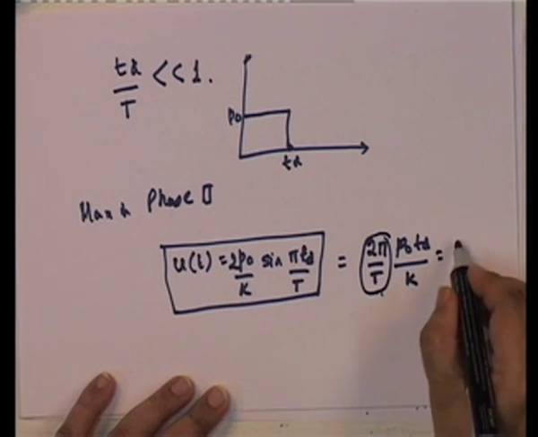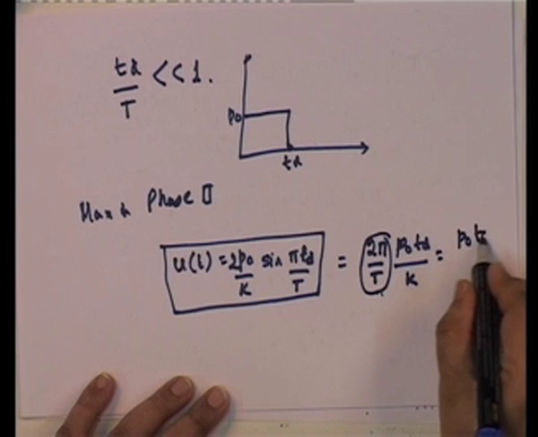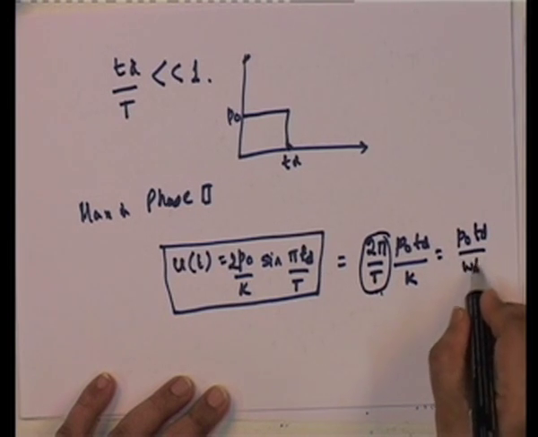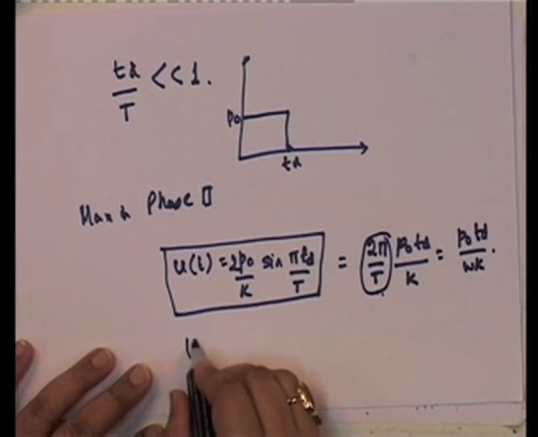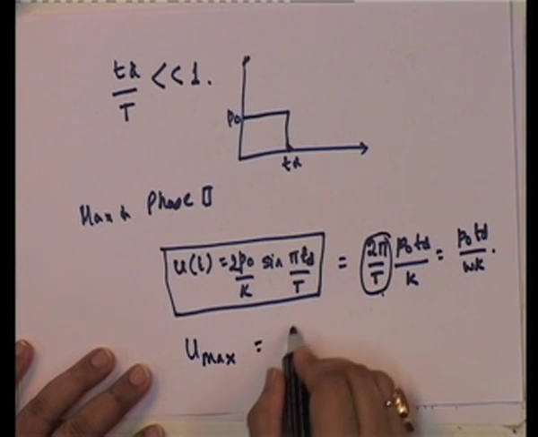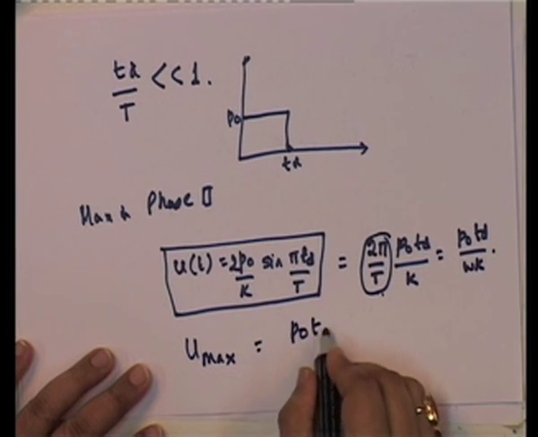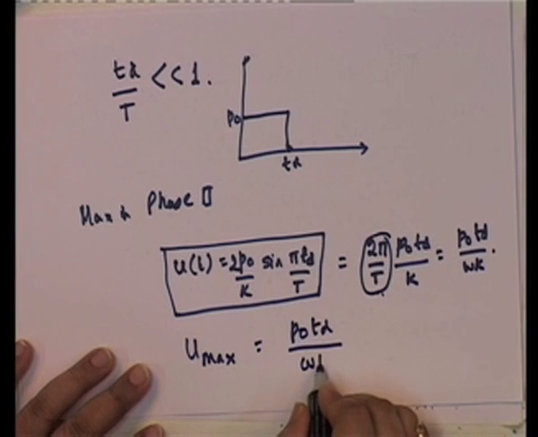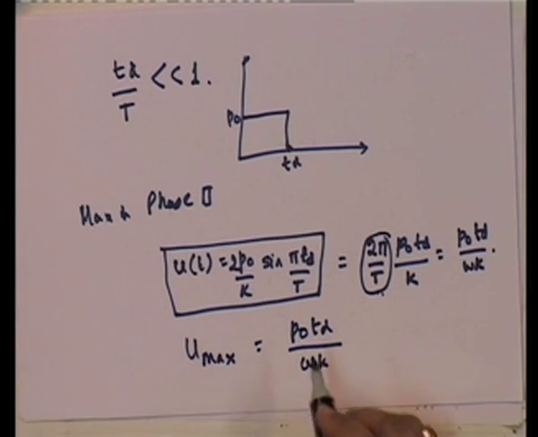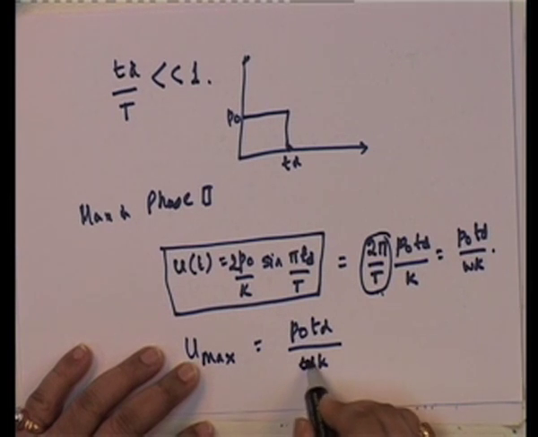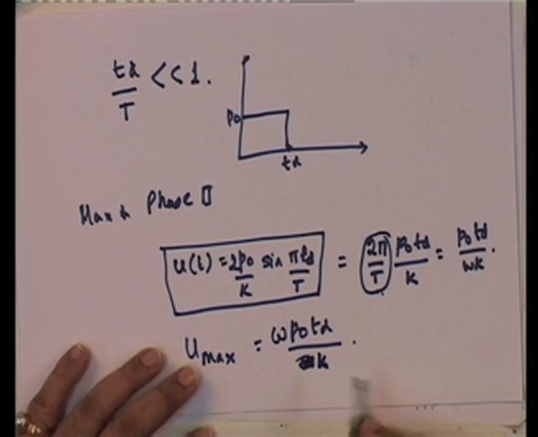So, I will call that as P naught Td upon omega k. So, u max is equal to P naught Td upon omega k. I am sorry, the omega is on top, omega Td upon k.